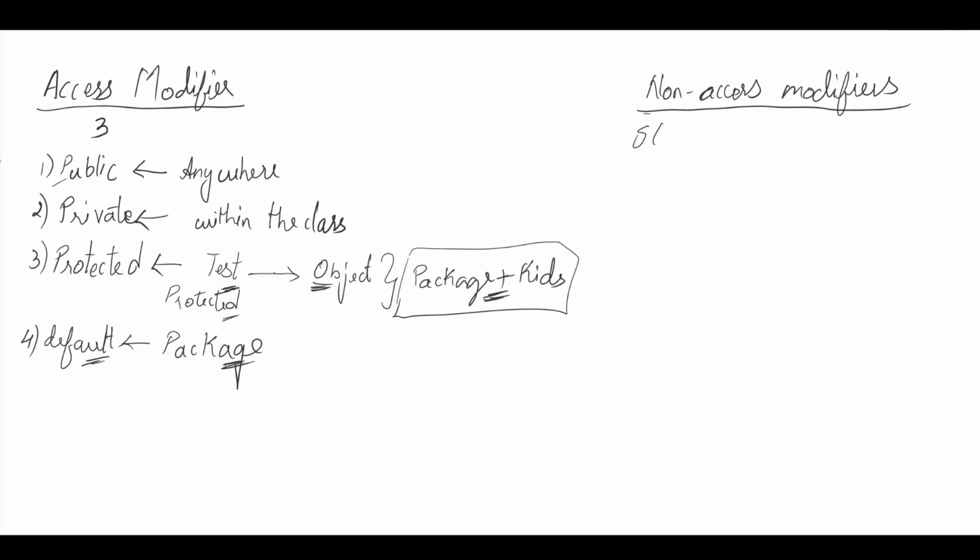Static, and then we have final, synchronized, and then abstract. Let me first mention all of them. So static is like the regular ingredients that are common for all the recipes.